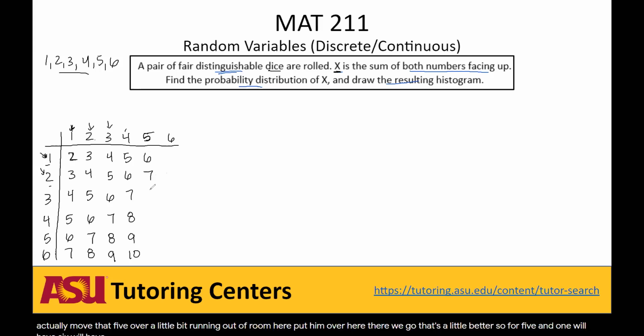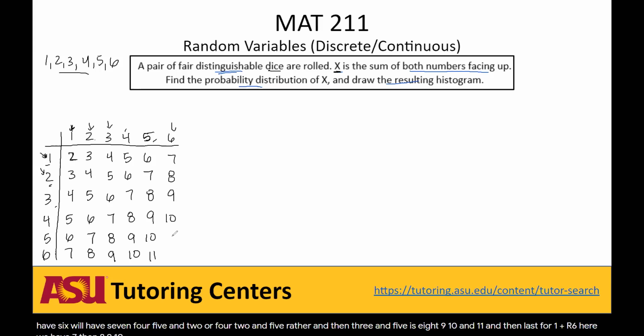We'll have 7 for 2 and 5, and then 3 and 5 is 8, 9, 10, and 11. Last, for 1 and our 6 here, we have 7, then 8, 9, 10, 11, and 12. So those are all the different possible outcomes of X for all of our different combinations of our two dice.